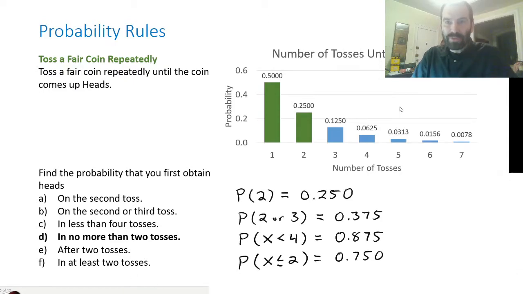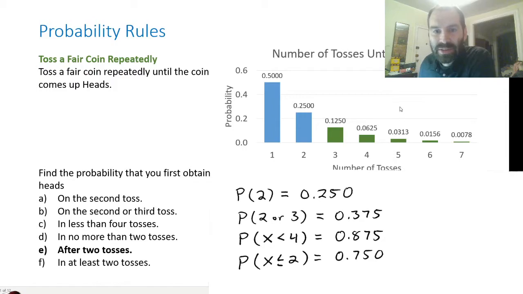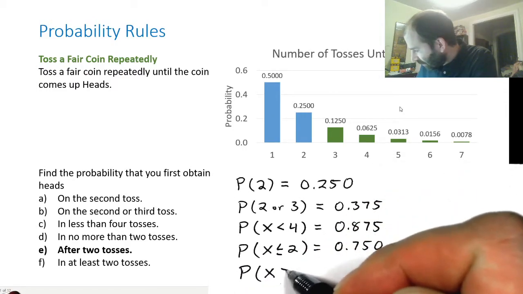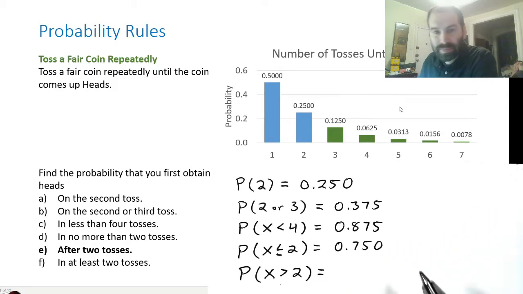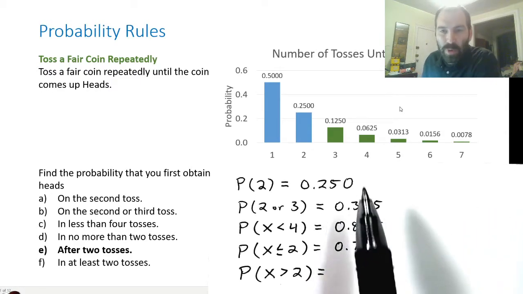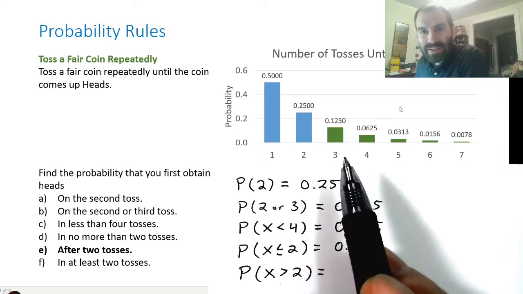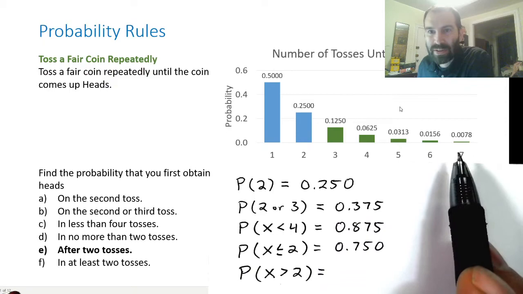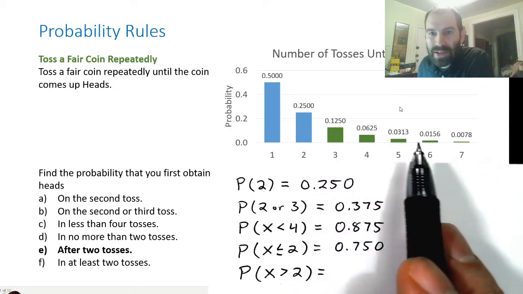What about after 2 tosses? I first attain heads after 2 tosses. That means I'm looking at the probability that x is greater than 2. Now, this one might seem daunting, because there's actually an infinite number of outcomes here. It doesn't stop at 7, so I'd have to add an infinite number of numbers.